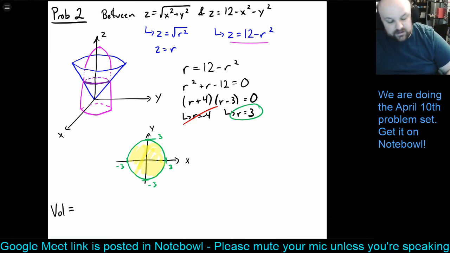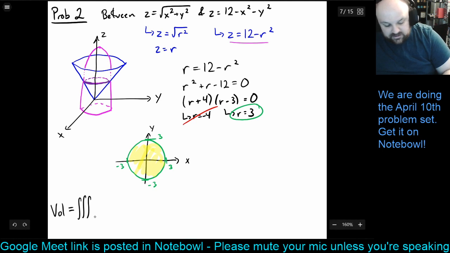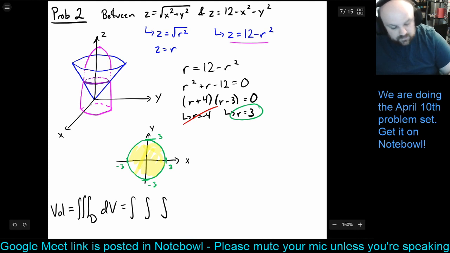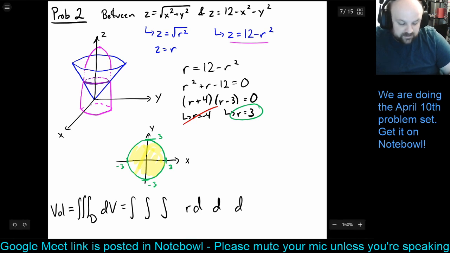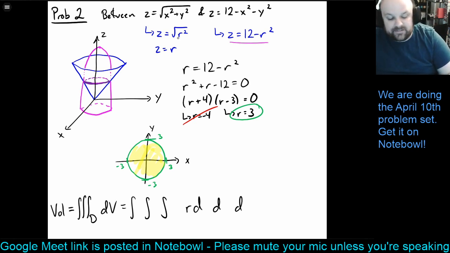Right. So the volume, again, volume is always the triple integral over your shape of dV. So dV turns into r, and then we need to decide what order to integrate in. Here, we have to integrate z before r, unless we want to solve these for r.